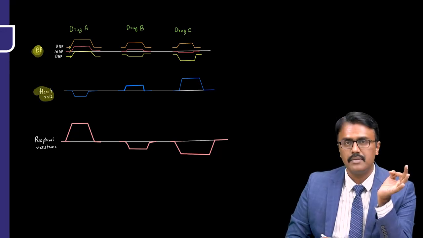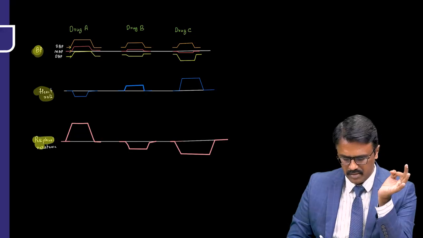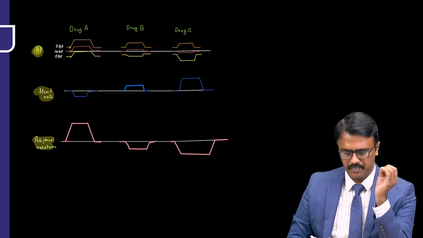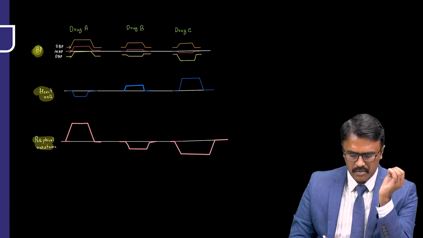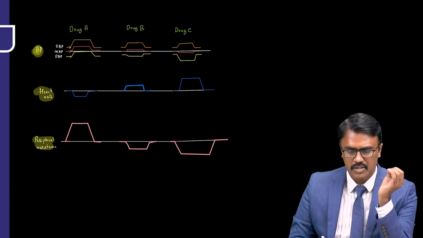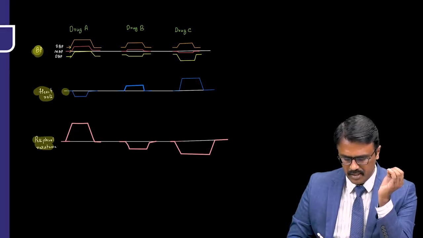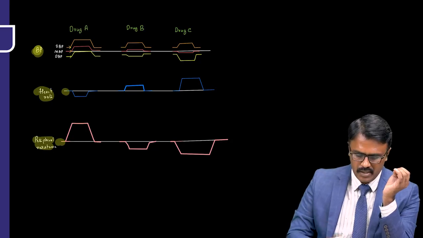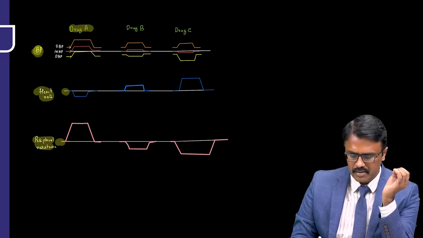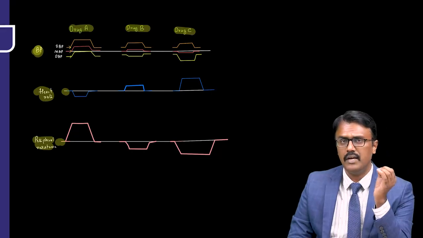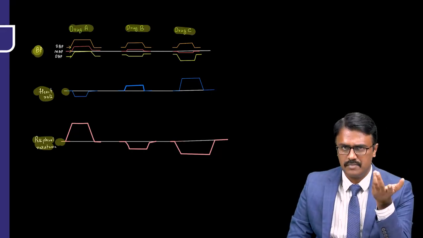Then the heart rate, then the peripheral resistance, which depends on alpha 1 and beta 2. So we have the baseline parameters of systolic, mean arterial pressure, diastolic, then the baseline heart rate and the baseline peripheral resistance. We have given drug A, drug B and drug C. You have to identify which of them is what.